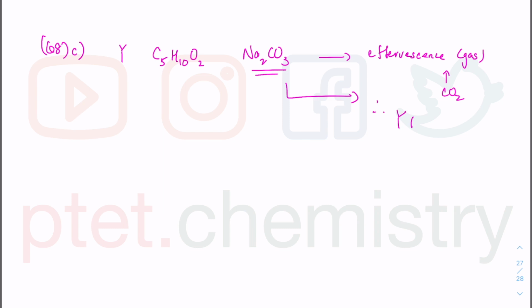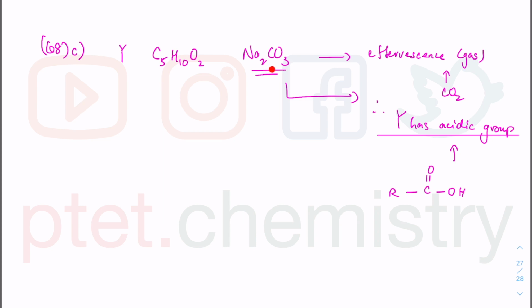Therefore, Y has an acidic group. In fact, it has to be a carboxylic acid, because even though phenol is acidic, phenol cannot react with carbonate. Only carboxylic acid is acidic enough to react with carbonate.